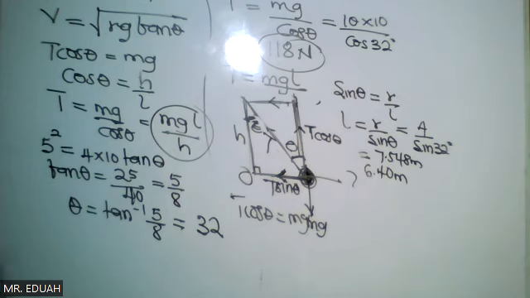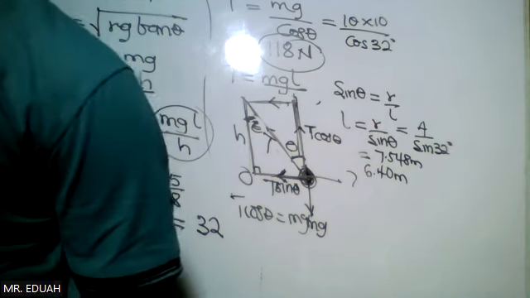A 500-gram sphere is hung from an inextensible string, 1.25 meter long, and swung around to form a conical pendulum.